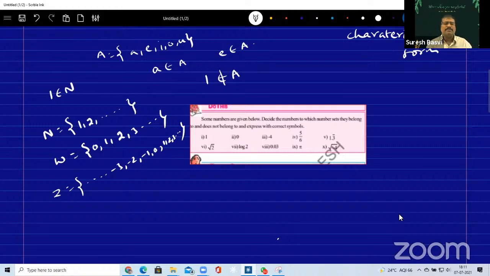What is the relation between 0 and W? 0 is in W, or 0 belongs to W. We can write it like this. What is the relation between -1 and W? -1 does not belong to W. Just like that, you can write it with a minus.